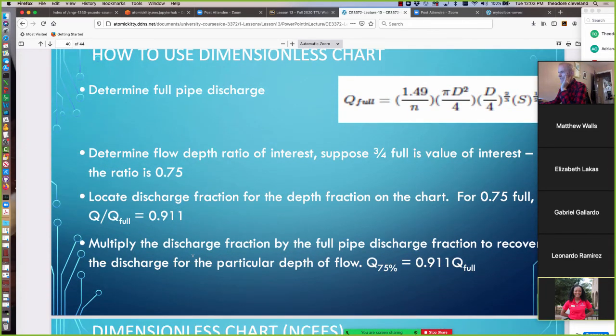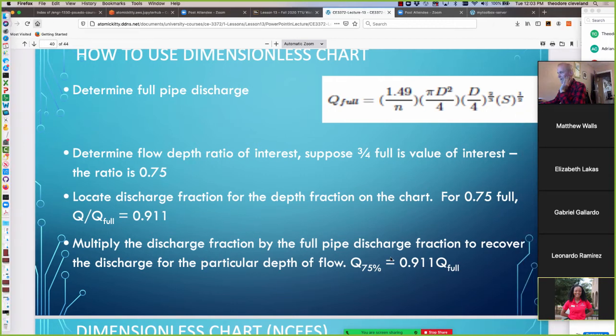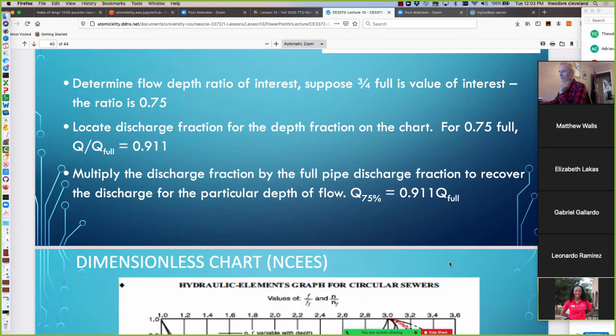And then we multiply the discharge fraction that we just looked up from the chart by the full discharge to obtain what we would call the Q75. And we find out in our case that the 75% full pipe would flow at 0.911 multiplied by the full flow rate. And it gives us a very quick way to evaluate the amount of discharge carried at different depths.